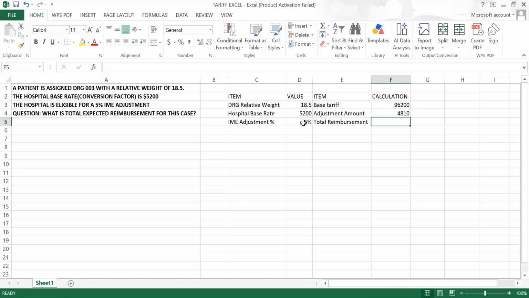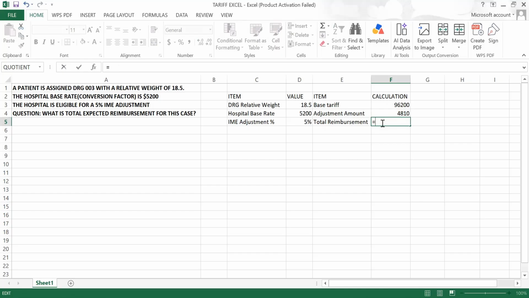Finally, the total reimbursement is just the base tariff added by the adjustment amount. I've made a mistake here.